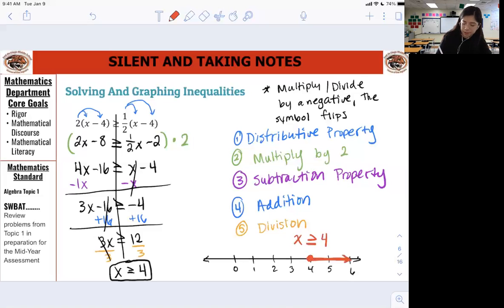So you're saying the line underneath represents the fact that you're filling it in. Yes. Yeah, that's a good, helpful way.